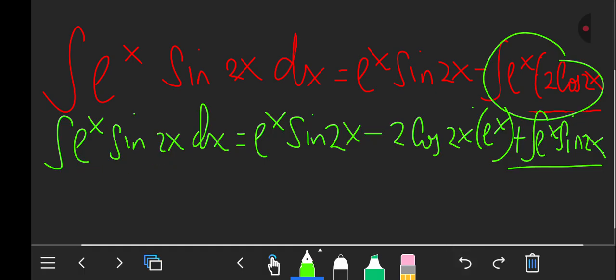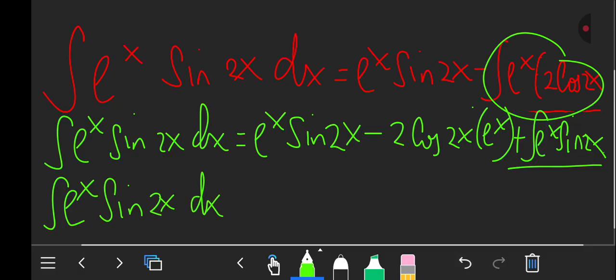So we are going to have the integral of e to the power x sine 2x dx. This is minus, so when it goes to the other side, it will be minus, again, the integral of e to the power x sine 2x.